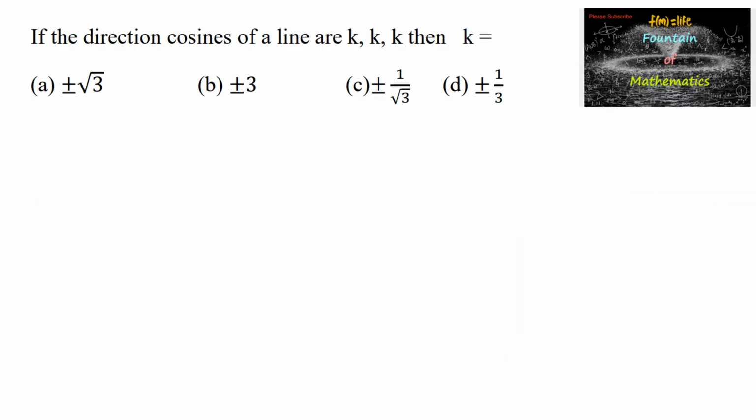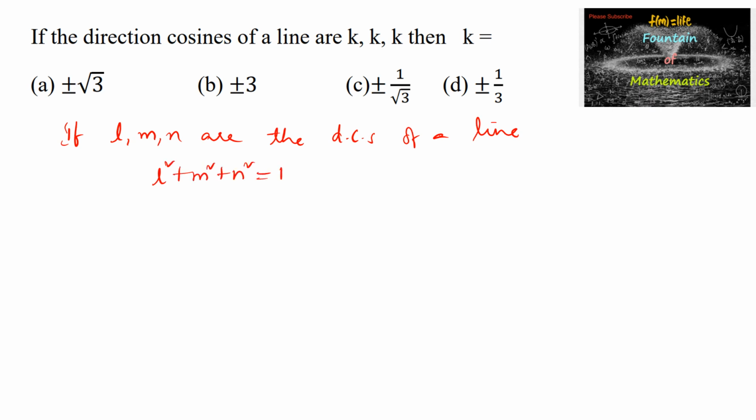If the direction cosines of a line are k comma k comma k, then k is equal to? We know that if l, m, n are the direction cosines of a line, then l square plus m square plus n square is equal to 1.